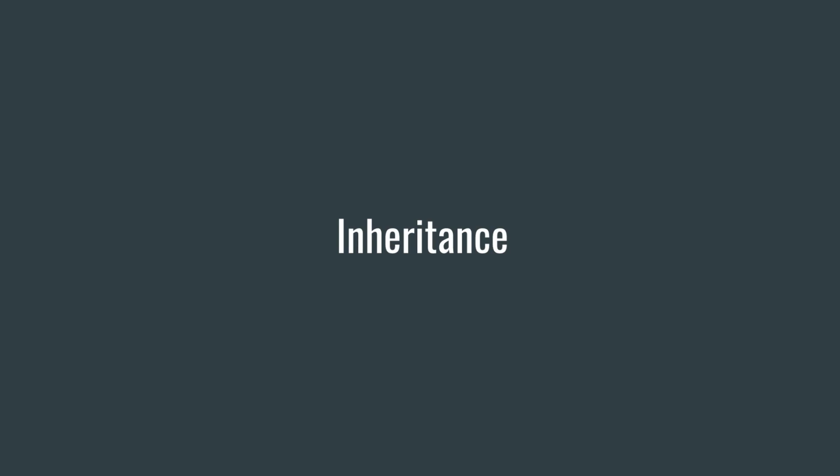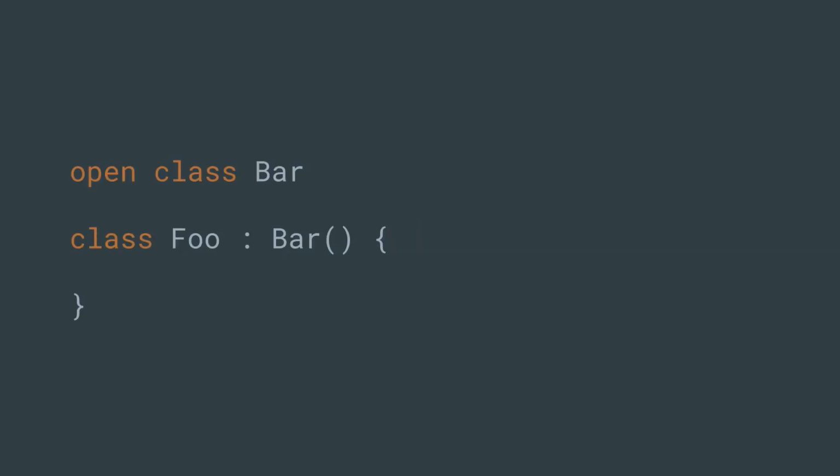Inheritance. It works very similarly to Java. As I said earlier, you have to declare your parent class open, otherwise you just can't extend it. And this is the syntax you have for saying that your class Foo extends that class Bar. You have to always specify which constructor you want to invoke on the parent class, because once again it can have multiple.